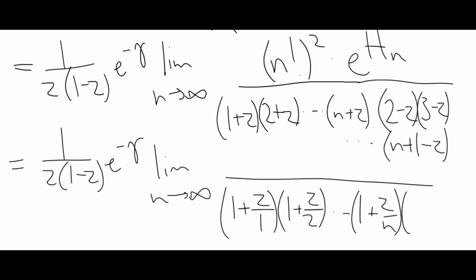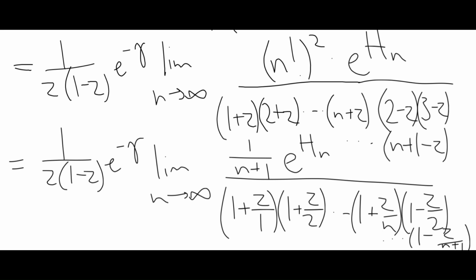And then we'll have 1 minus z over 2, all the way up to 1 minus z over n plus 1. That requires dividing by 1 copy of n factorial for the plus signs, and then n plus 1 factorial for the minus signs. So we actually have 1 over n plus 1 here, and then e to the H_n.